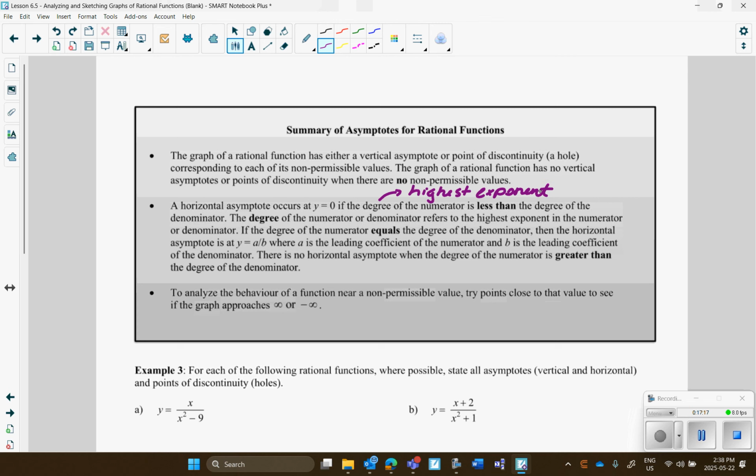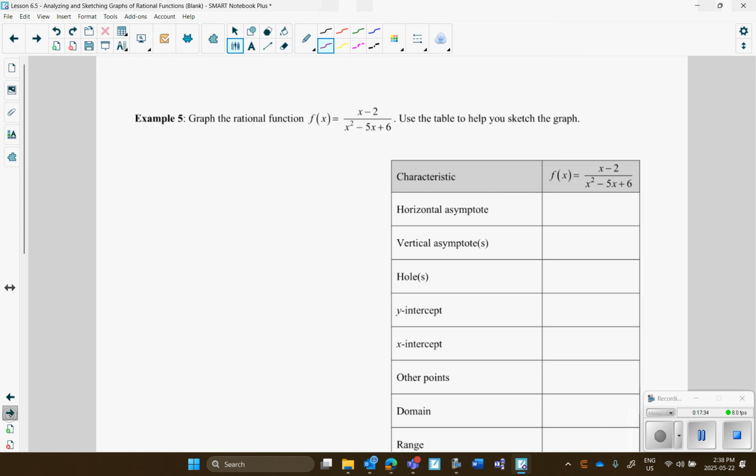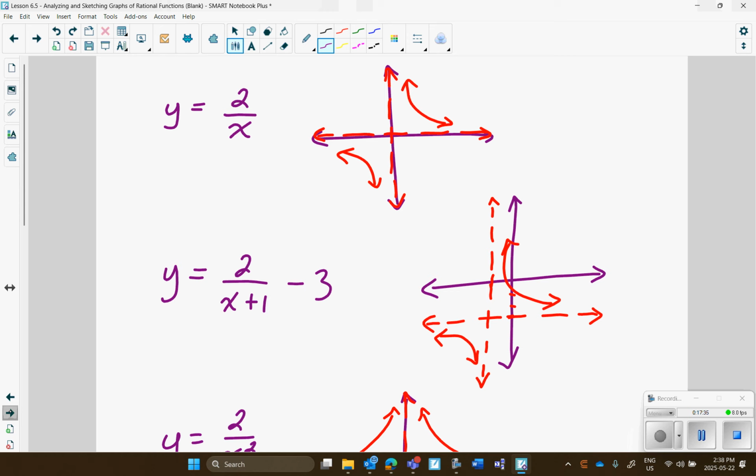So if the degree of the numerator is less than the degree of the denominator, the horizontal asymptote is always the x-axis, or y equals 0. Those were all the previous examples we did, like here. What's the degree of this one? Well, there's no x, so there is no degree, is there?